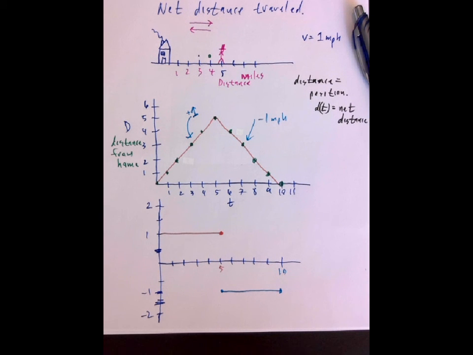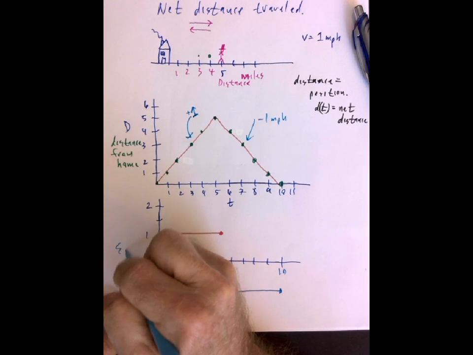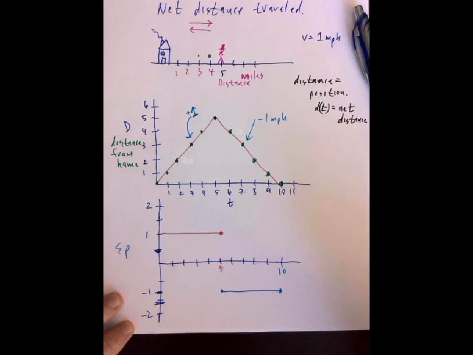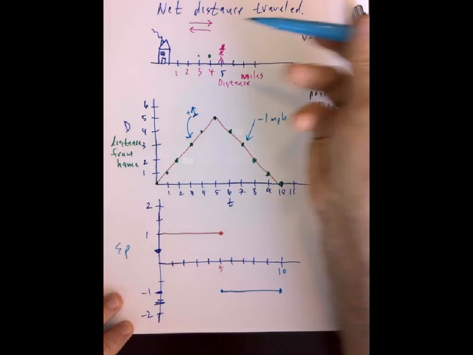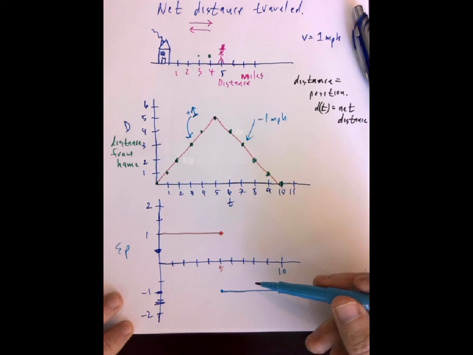Right? Now, remember, these are the graphs we've been working with. This is the speed. And because John's walking backwards, we had this negative speed.